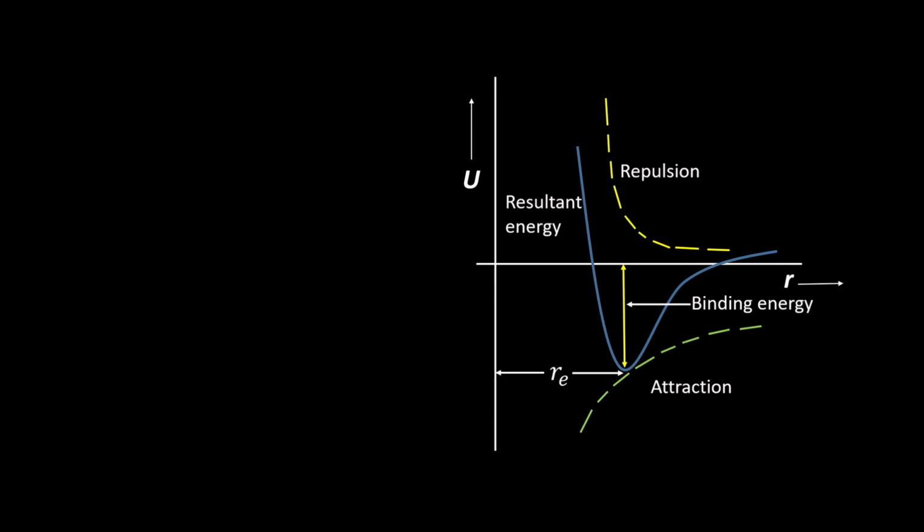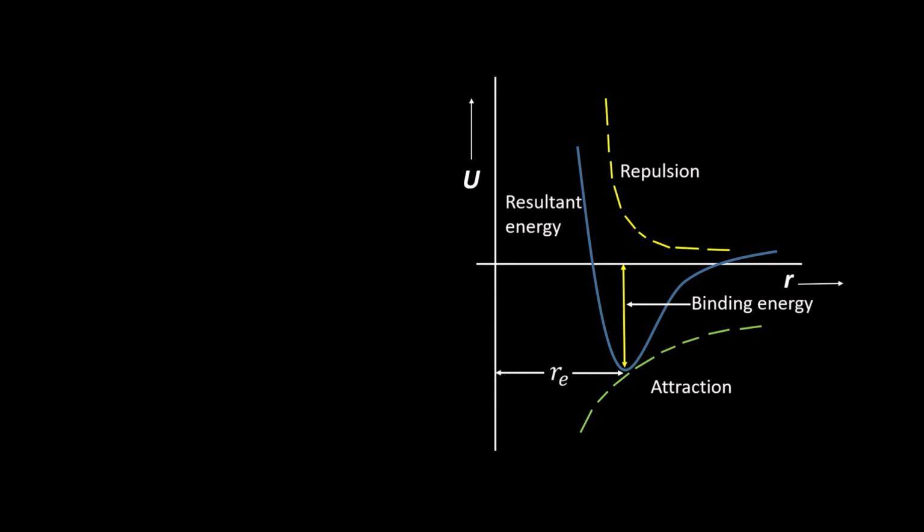The cohesive energy of a molecule is the energy required for the formation of a molecule by bringing neutral atoms from infinity to the position of equilibrium separation. It can also be defined as the energy required to separate its constituent atoms to infinity.